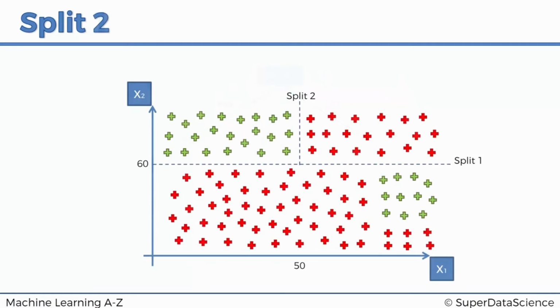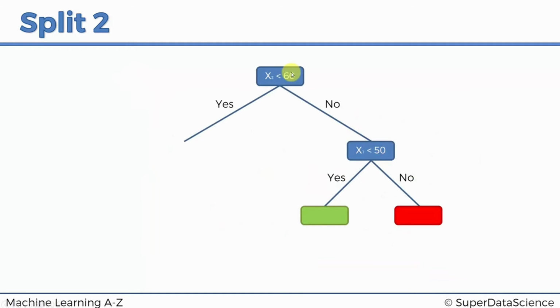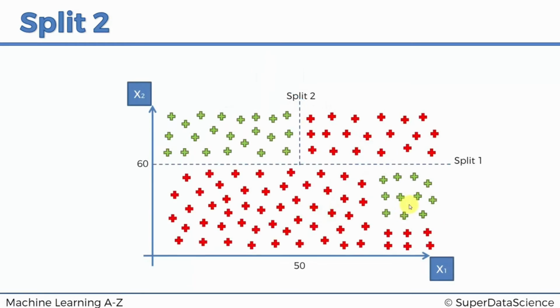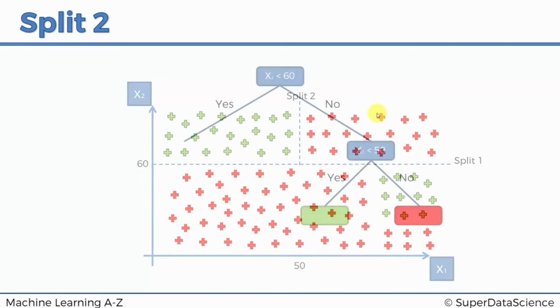Yes and no. Next is split 2, which only splits the data that is above 60 in the x2 variable. So let's have a look at that. We're only dealing with data that is above x2 equals 60, so it's over here. Now we're checking, as split 2 happens at 50 for the x1 variable.